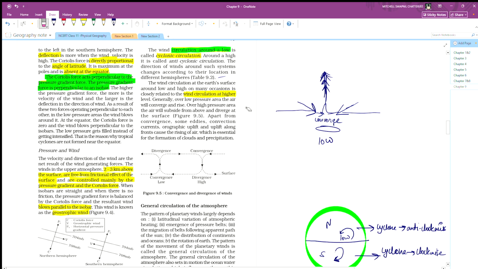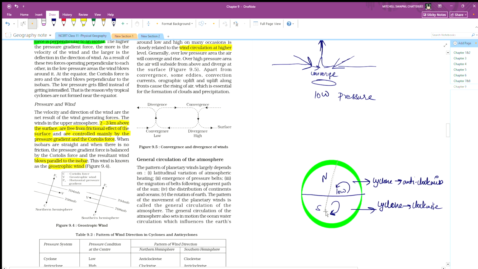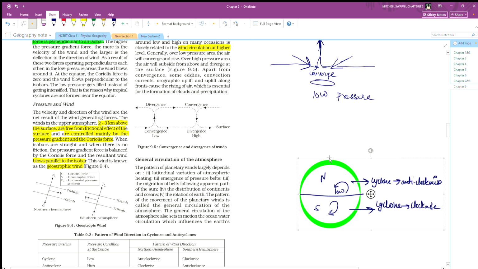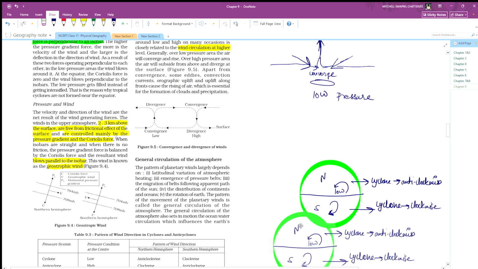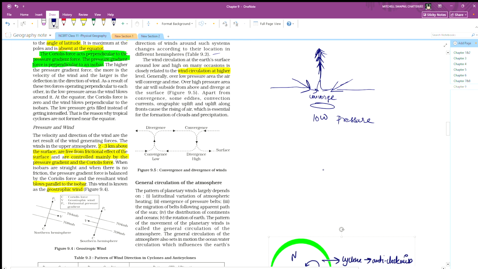So basically, high pressure will be at a much lower altitude.